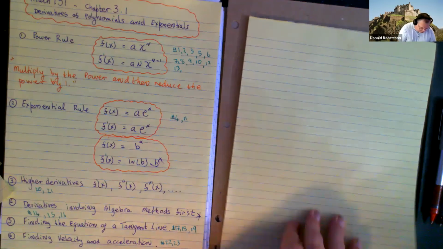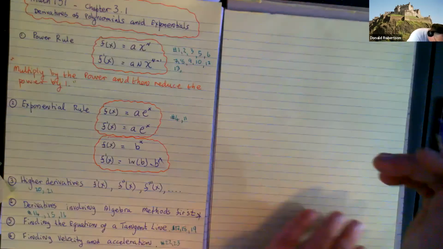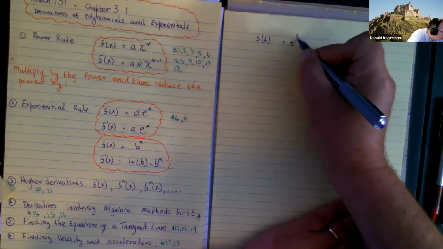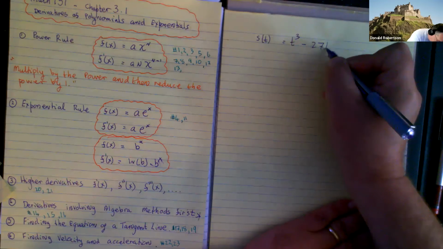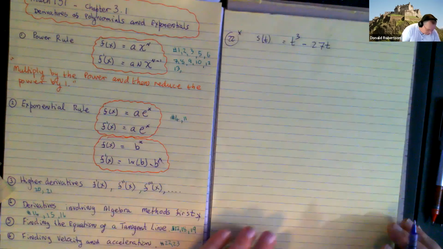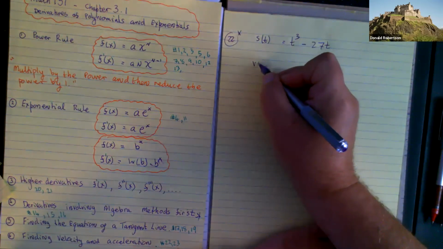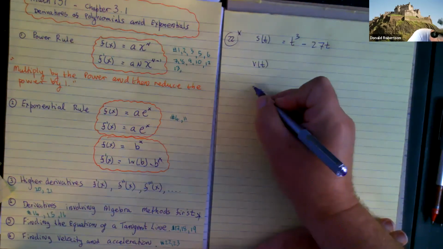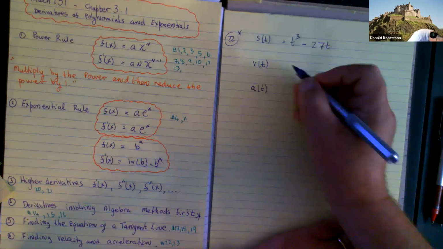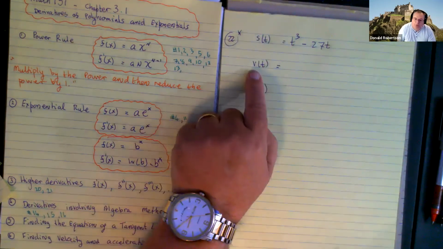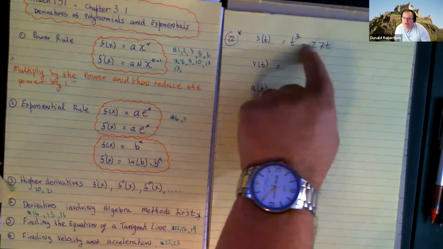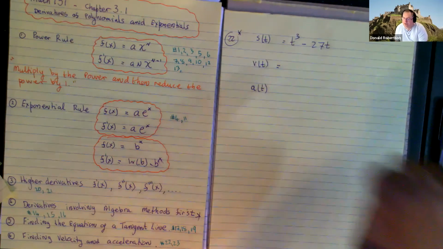If I tell you the position function, so if I tell you the s of t, the position of an object, was t cubed take away 27t, which is a version equation 22 does, then you can find the velocity, which we'll call v of t, and you can find the acceleration at any given time, and we'll call it a of t. If you want to get the velocity, what do you do to this function to find the velocity function?